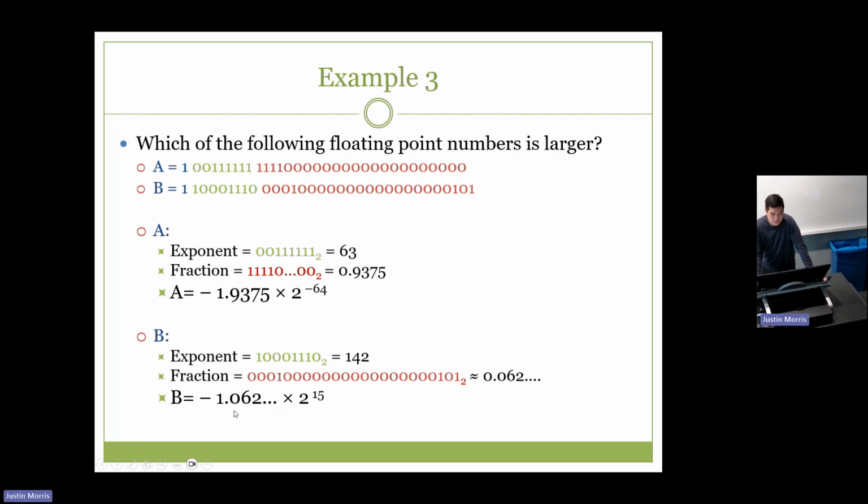And we're asking which one is larger. They're both negative. This one is closer to 0. So A is larger, right? B is a very large number, but it's negative, right? So it's very, very far down on the wrong side.